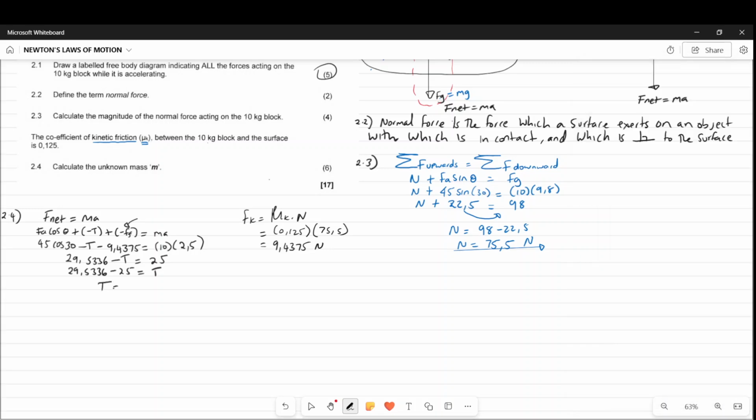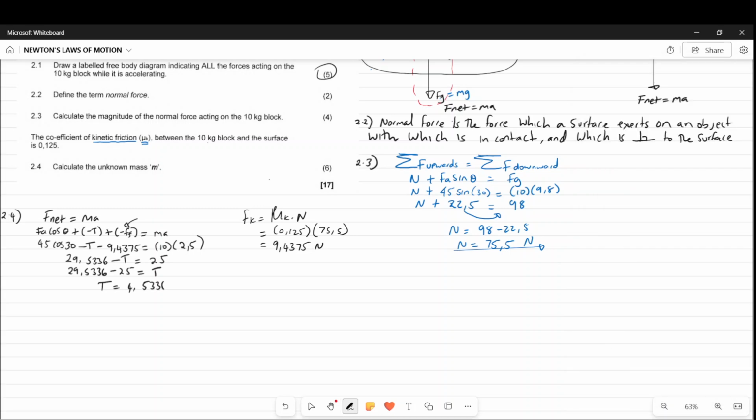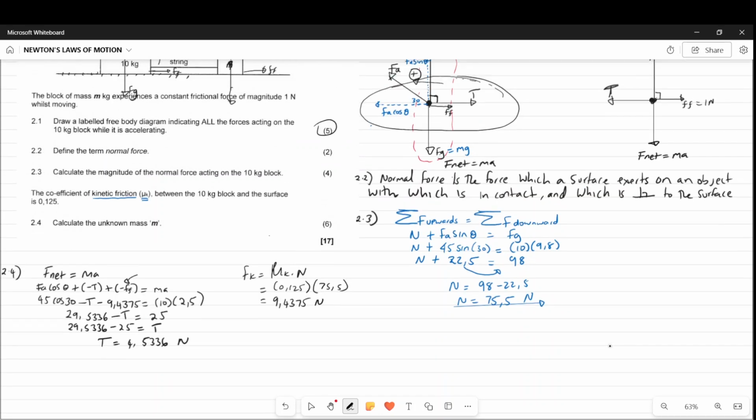So we got this tension, which is the tension on this side. We got this to be 4,5336. Now this will be the same tension over here, 4,5336.